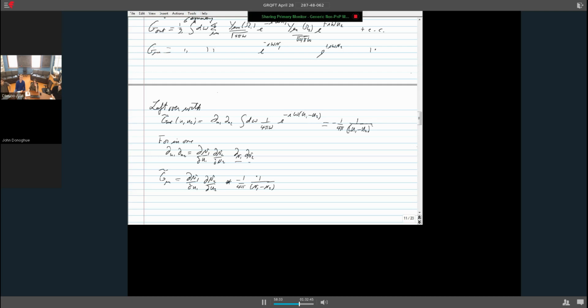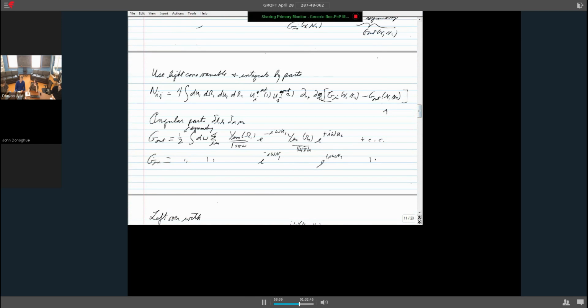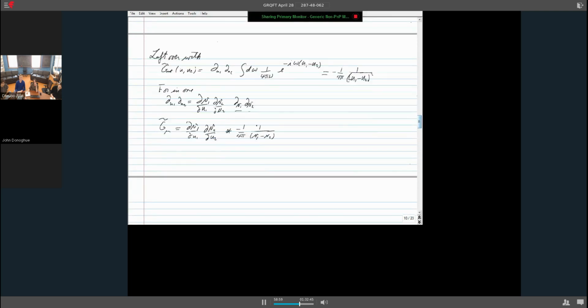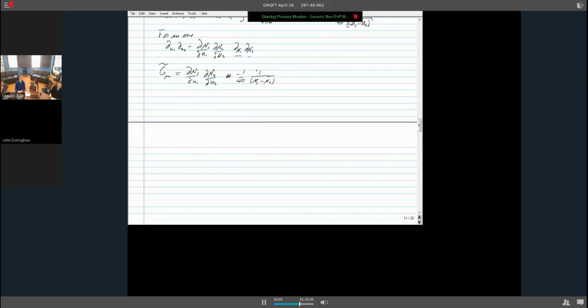Okay, so this piece here is just 1 over u1 minus u2. So I just calculated that piece there. That's the usual free field propagator for Green's function. For the in one, we take this du1 d respect to u2 and write it as dv1 respect to u1 dv2 respect to u2 dv1 dv2.